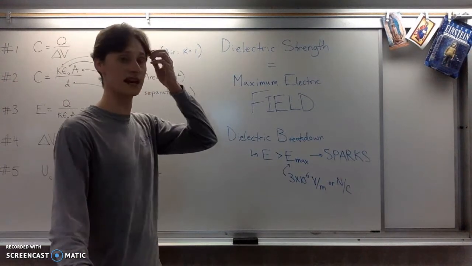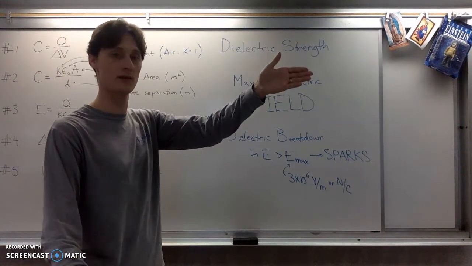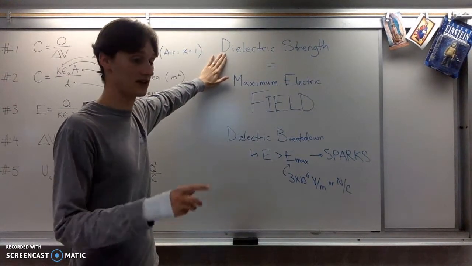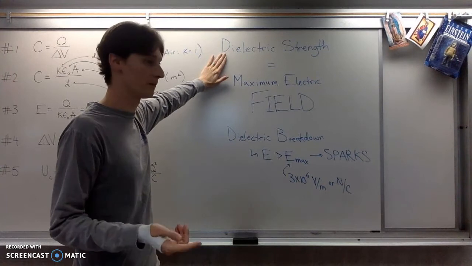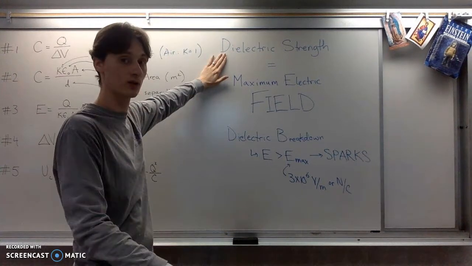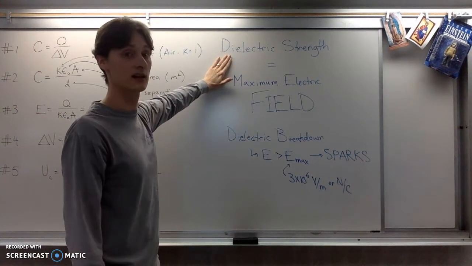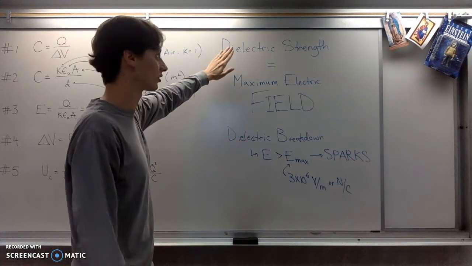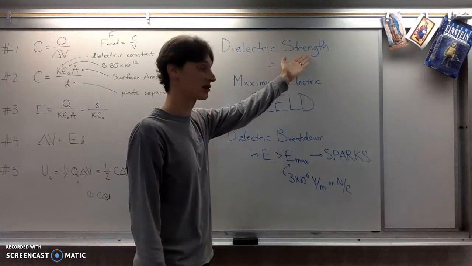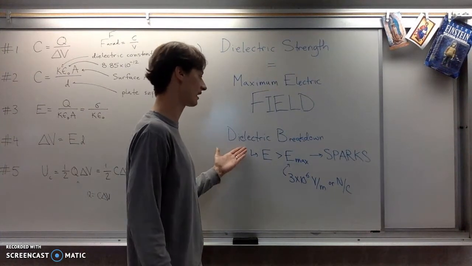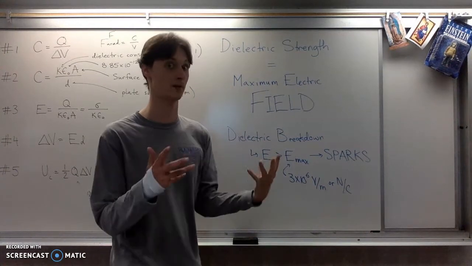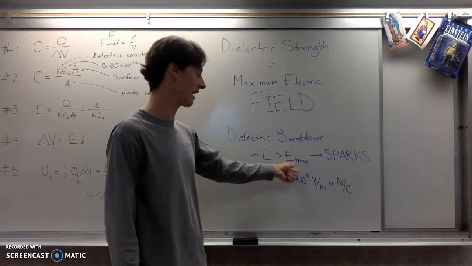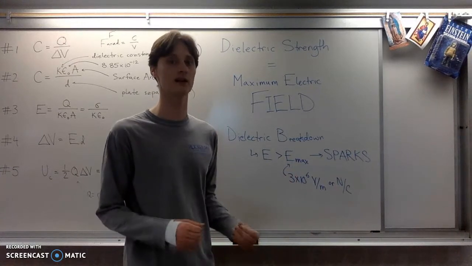But in all of those cases, whether it's lightning or a spark jumping off your finger, it's happening because the electric field, say at the surface of your finger or between a cloud and the ground, was momentarily greater than the dielectric strength, and the result is dielectric breakdown, sparks of whatever scale, until the electric field goes back down to this maximum allowed value.